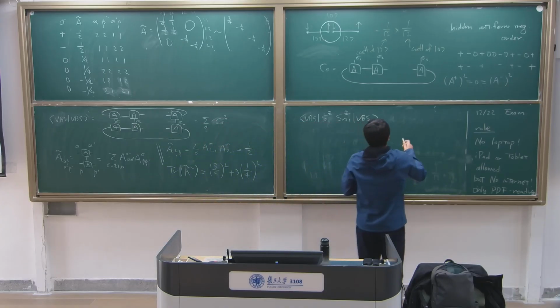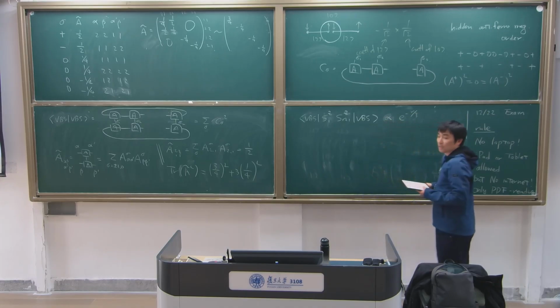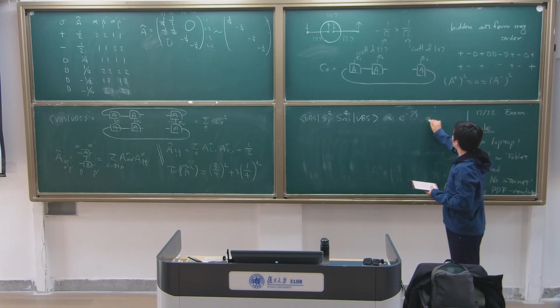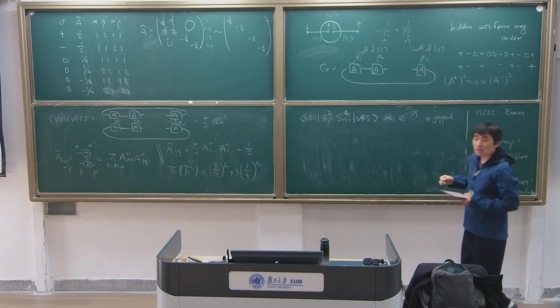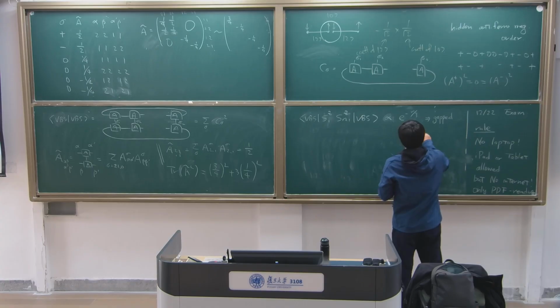So we want to show that this one is e to the minus r over 2 proportion. So if it is exponential decay, this means the system is gapped. And this is called short range interaction.